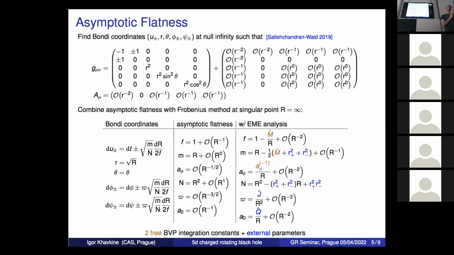Would it be difficult to just change the equations? The most difficult part was getting the Frobenius analysis right. Once you found the right combination for the asymptotic coordinates, the most challenging part was getting the Frobenius analysis correct, because it's a non-linear equation.